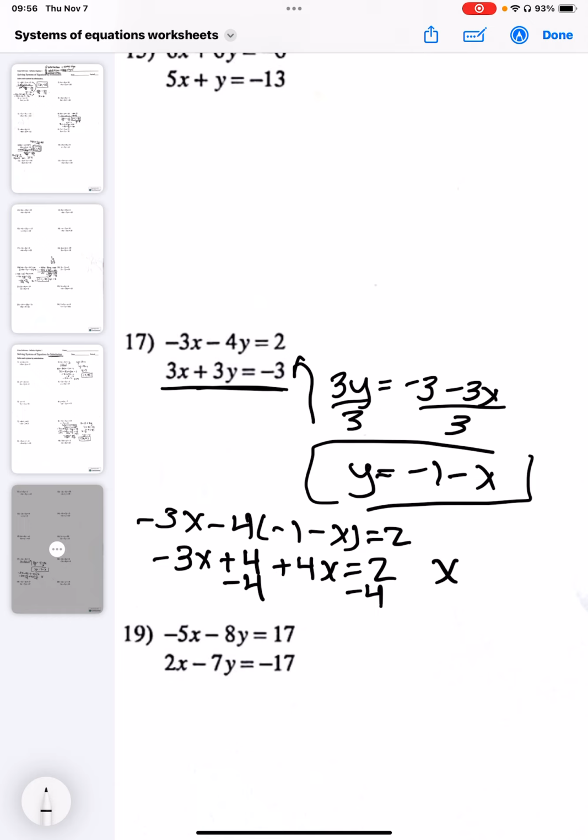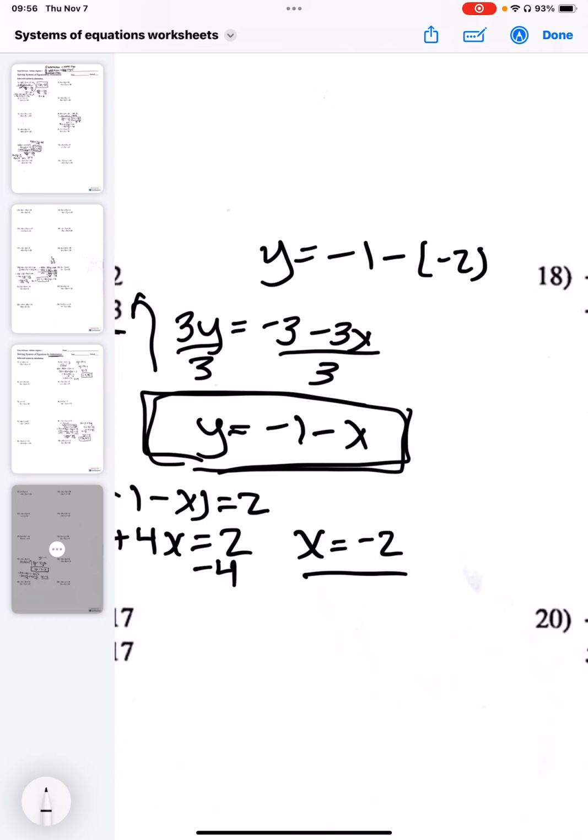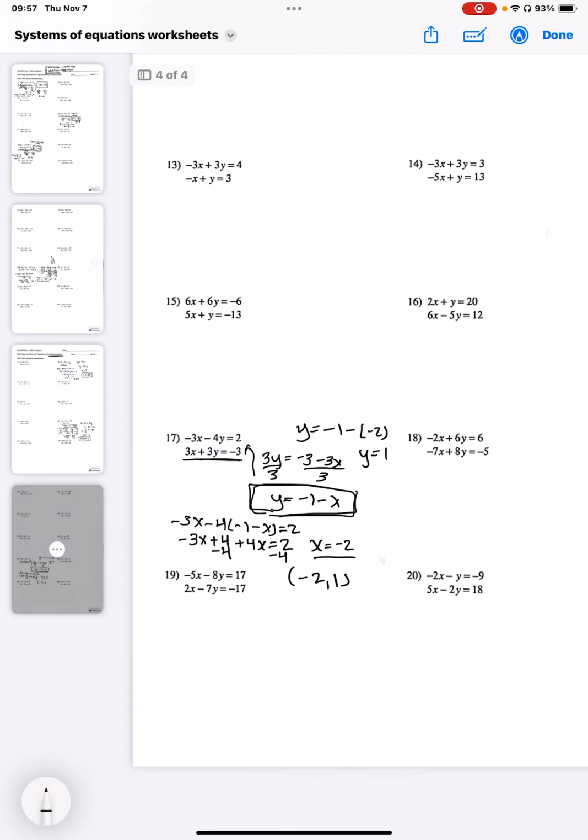And 2 minus 4 is going to give us negative 2. So we see our x value is negative 2. We can plug this x value into this equation that we built ourselves. So y is equal to negative 1 minus negative 2. So negative 1 plus 2 is going to give us y equals 1. So our answer is negative 2, 1.